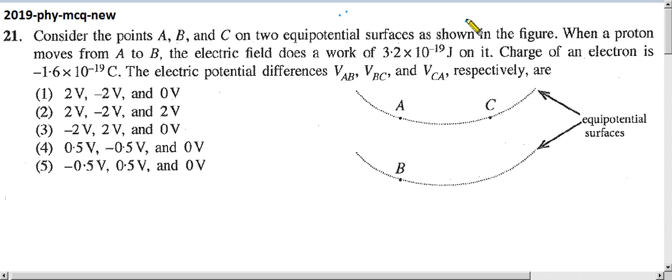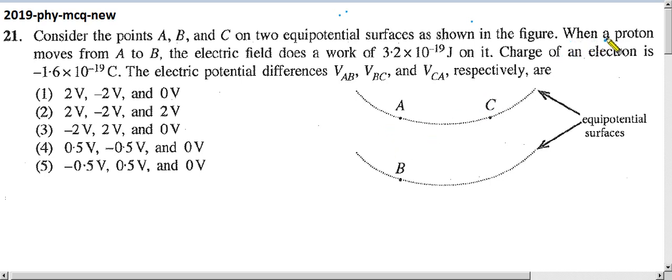So children, first of all, we should carefully read the question, because otherwise we might choose the wrong polarity, wrong sign, positive and negative. Therefore we have to understand properly what this story is. When a proton moves, that means the proton naturally moves. Nobody is pushing it or pulling it.